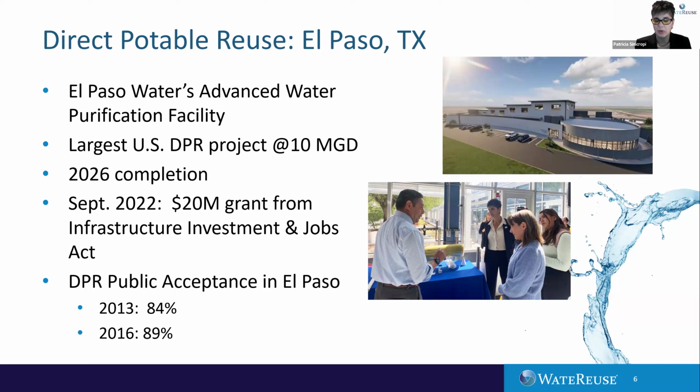Obviously, once communities move toward potable reuse supply, it's because there are severe droughts, severe supply challenges, and the public is aware that alternative and diversified sources of water need to be developed.